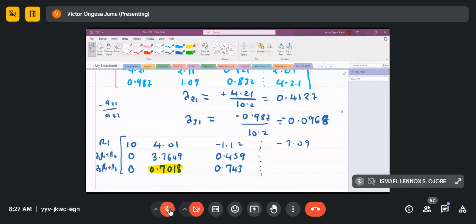Row 3, column 2, that's 0.7019. So another one is getting 0.7019, another one is 0.7018. Those are almost similar, so it's the effect of rounding errors. You should make sure that you get the correct rounding. 0.7019 and 0.7018, to me, they are the same. It's just that one of you has not rounded off correctly, or one of you used the full digits.